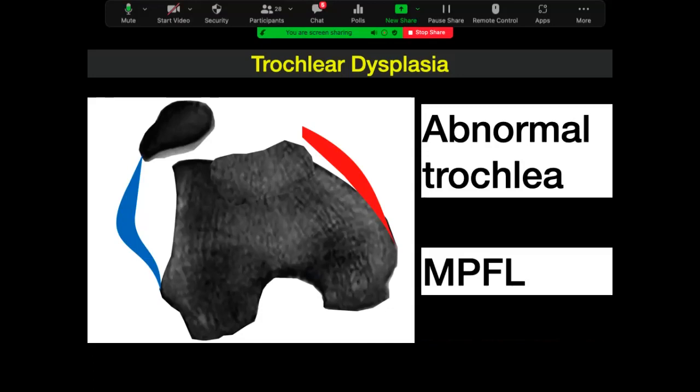What happens when there is a trochlear dysplasia? There is abnormal trochlea. The bone is abnormal. The path is abnormal. Your soft tissue alone is not going to put everything into the place. So in this case, when you are dealing with the trochlear dysplasia, think that there is abnormal trochlea, and because of abnormal trochlea, because your patella has dislocated, there is a MPFL injury as well.